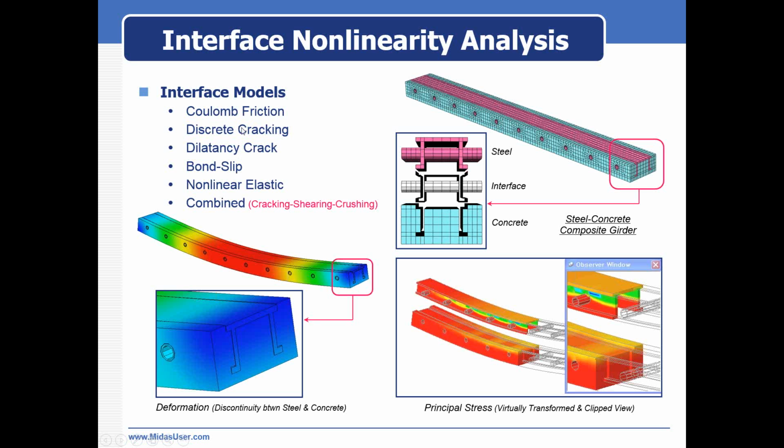We also have Coulomb friction and nonlinear elastic, which is most commonly used for steel concrete interface. FEA also supports combined cracking, shearing, crushing, which is used for masonry models. So any sort of interface can be simulated in Midas FEA.